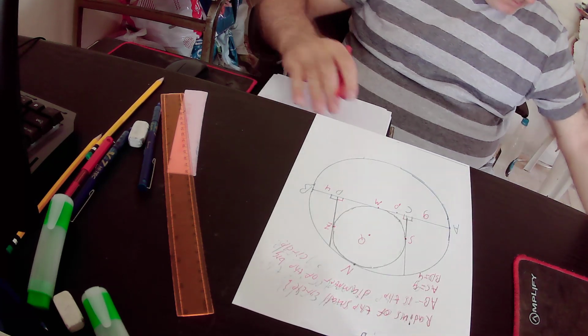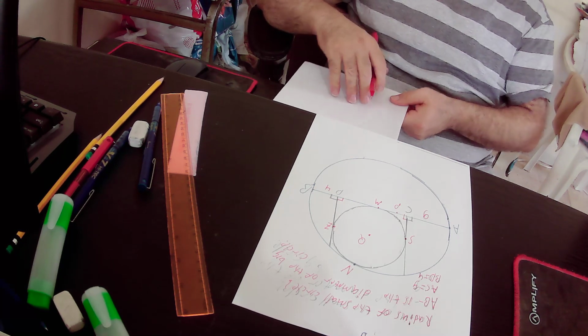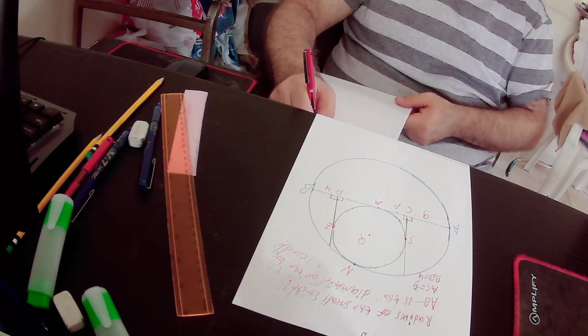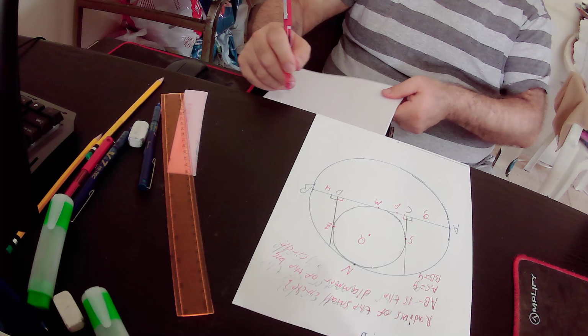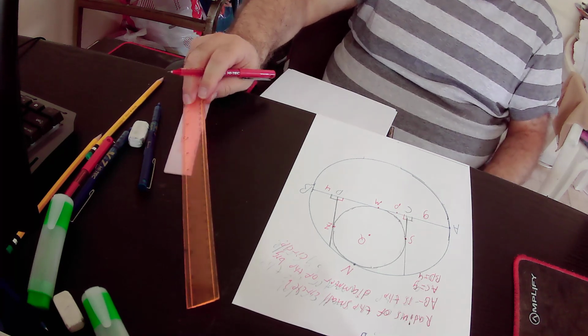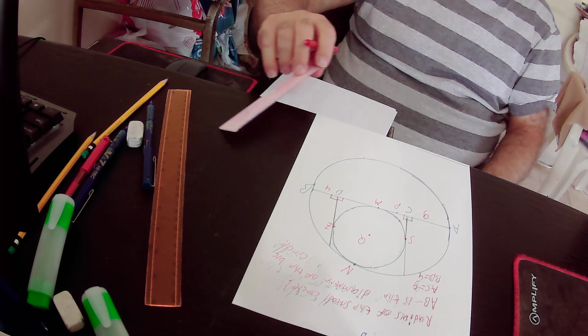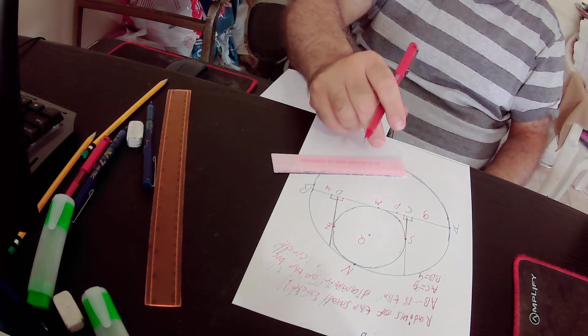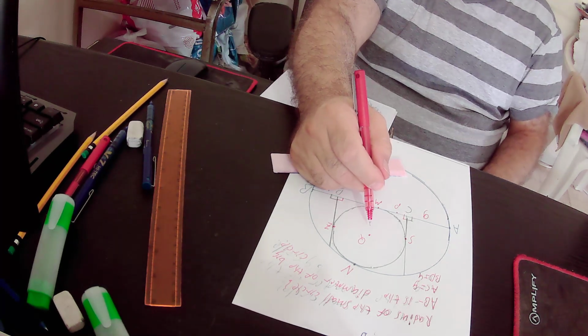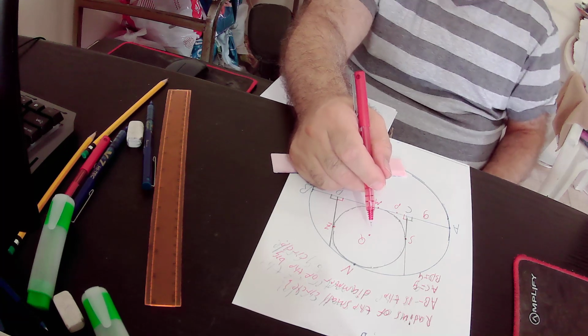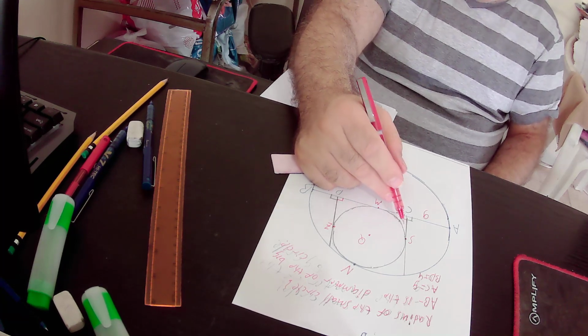And in the next step, we will draw three radiuses of the small circle from the center of the circle to the contact points.